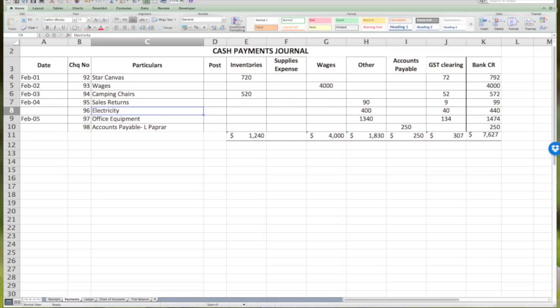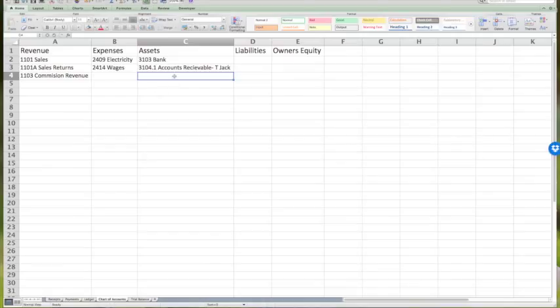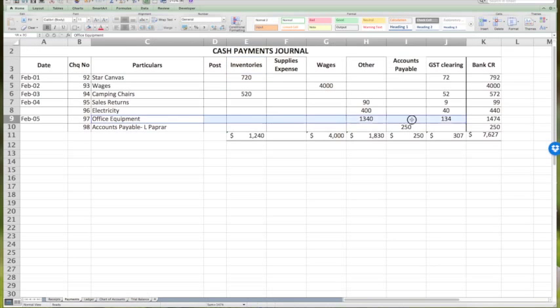We hop over to our cash payments journal, we look across the top. You can see here that we've got an account for inventories, so we'll whack that in there. And we've also got an account for office equipment.